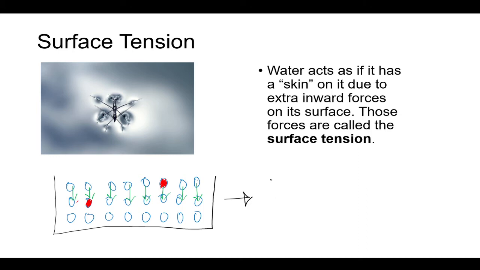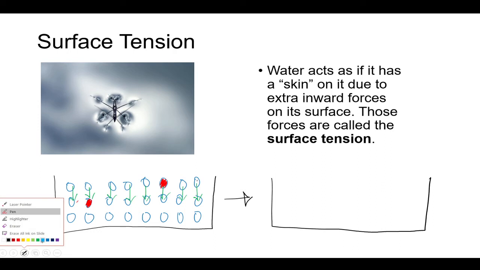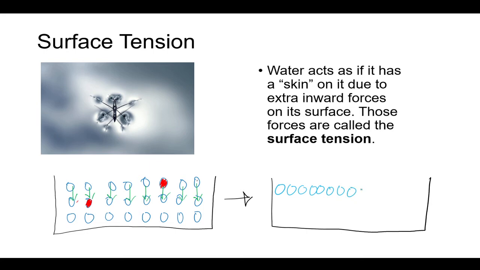Let's redraw this now that we've taken account of these forces. You get these water molecules that have this uniform, close packing at the top. Whereas within the liquid, the water molecules have a lot more freedom of rattling around because there is no net force.